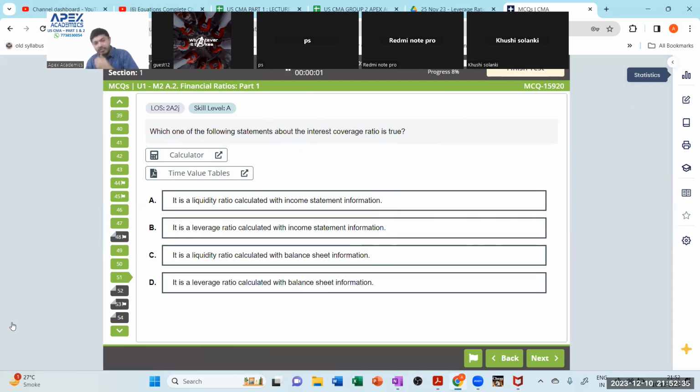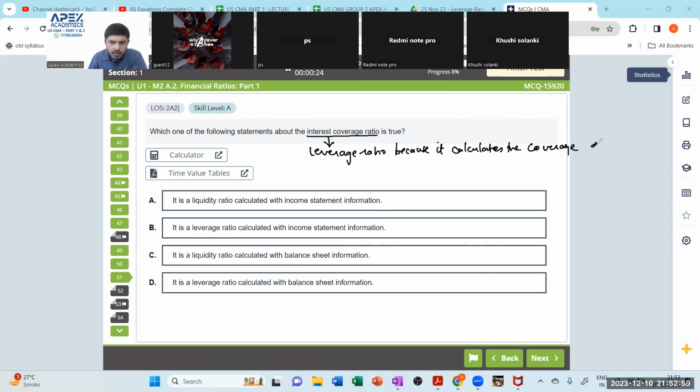Question number 51. Which one of the following statements about interest coverage ratio is true? Now please understand, interest coverage ratio, first of all, is a leverage ratio because it calculates the coverage of a fixed financial cost by EBIT.